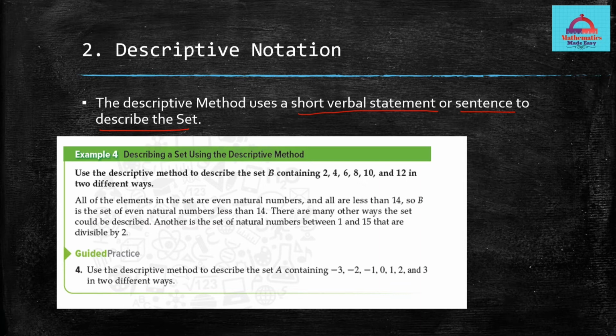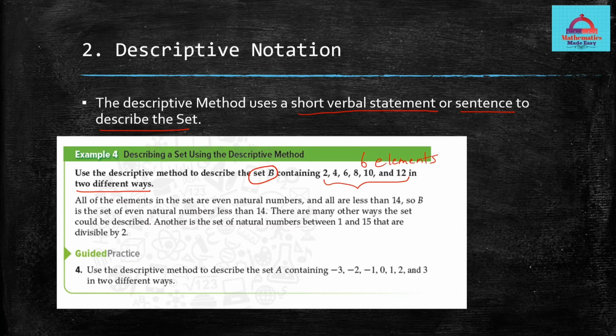So here, if you read the question properly, you are given some elements which should be there in the set. So 2, 4, 6, 8, 10 and 12. So there are 6 elements which should be in this set, and we are denoting the set with the capital letter B. So use the descriptive method to describe this set in 2 different ways. So that means for this question we have to give 2 ways in which we can describe this given set.